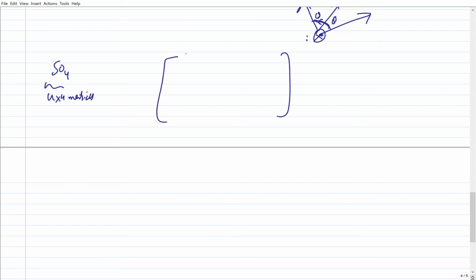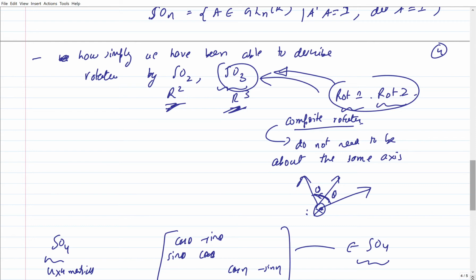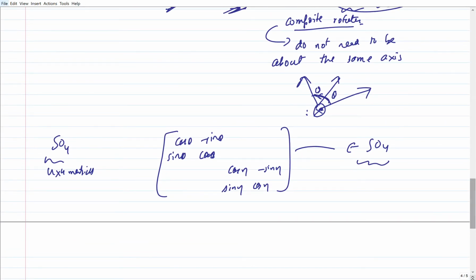And that group is like cosine theta, minus sine theta, sine theta, cosine theta, and then cosine phi, minus sine phi, sine phi, cosine phi. So this is an example of an element of SO4. This is an example from your book, essentially. This is in SO4, but this is basically a rotation of the first 2 coordinates and a composite rotation of the last 2 coordinates.